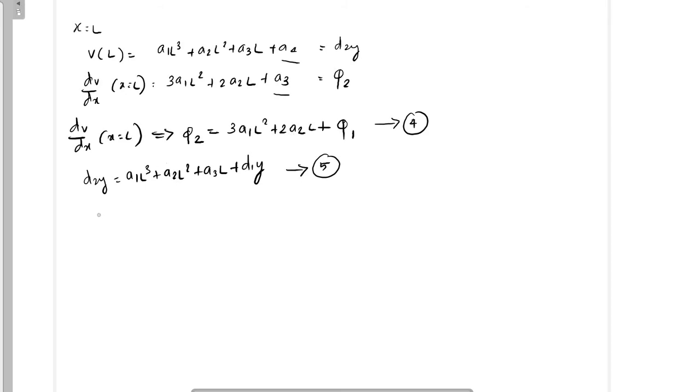So by rewriting this, pi 2 minus pi 1, which is equal to 3a1 L square plus 2a2 L. So keep this as equation number 6. And from this equation, d2y equal to a1 L cube plus a2 L square plus a3 L plus d1y.